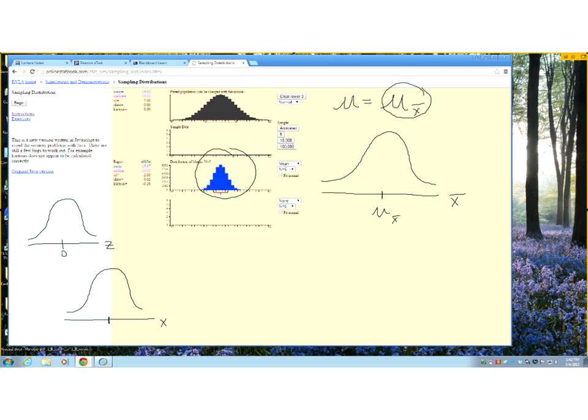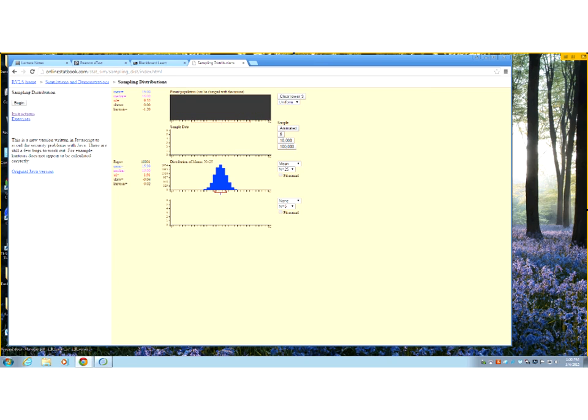And this is true for any size N, any sample size. But when your original population is not normally distributed, then your sample size has to be greater than or equal to 30 in order for the distribution of sample means to be normally distributed.